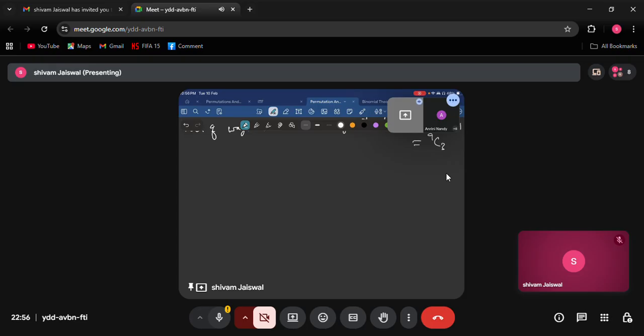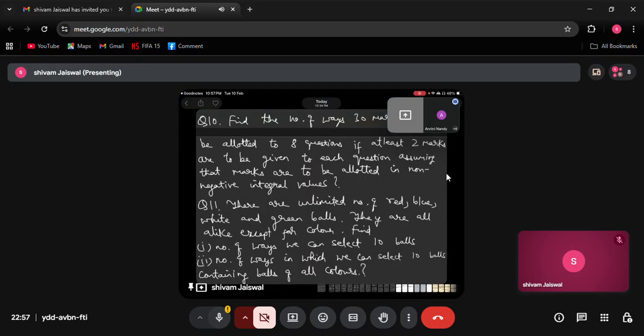Another problem. So I didn't write the equations. I just saw the similarity. From each color we can select any number of balls. So here the colors become the beggars.